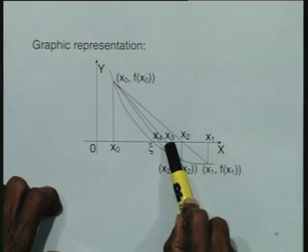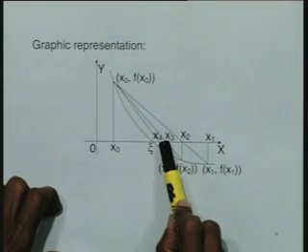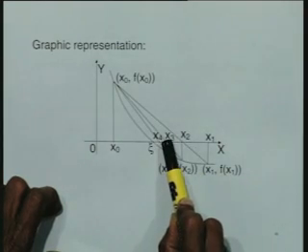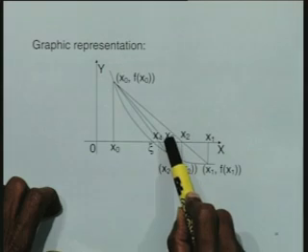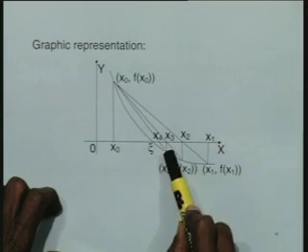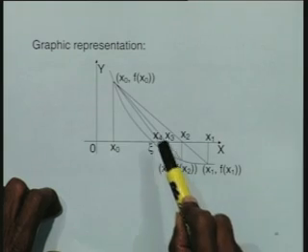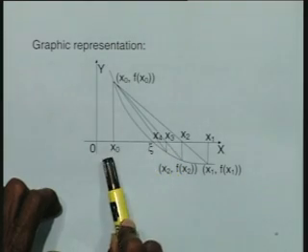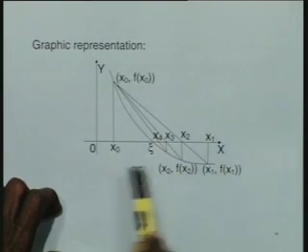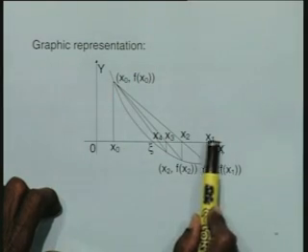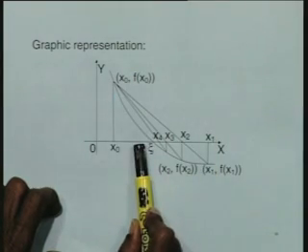Again I test whether the root lies between x naught and x 3 or x 3 and x 2. The root lies in x naught to x 3. Therefore, I now consider x 3, f of x 3, then join the line x 0, f of x 0, and x 3, f of x 3, and the next iteration follows. Now, you can see in this iteration process that the end point x 0, f of x 0 is always fixed, and only the other approximation is moving towards the root.